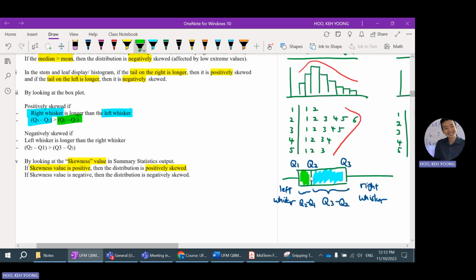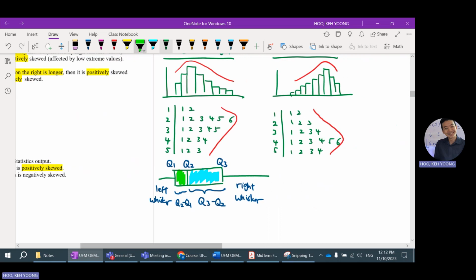So the other way around, if it's negatively skewed, your box plot would look the opposite. The left whisker is longer than the right whisker, and Q2 minus Q1 is larger than Q3 minus Q2.